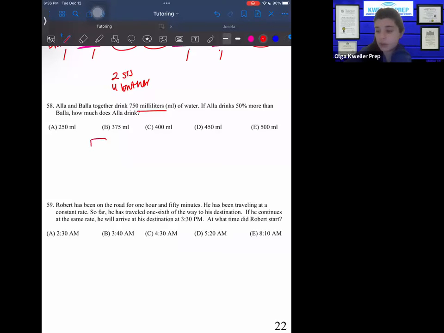So 50%, 50%, and 50%. If Alla drinks this much, that means Bala drinks this much. Does that make sense? In other words, you should think about it as a 3-to-2 ratio. If somebody drinks 50% more than somebody else, it's a 3-to-2 ratio is what you have to think about.